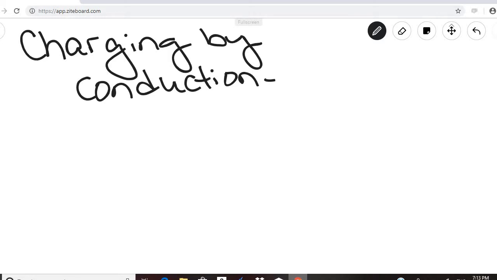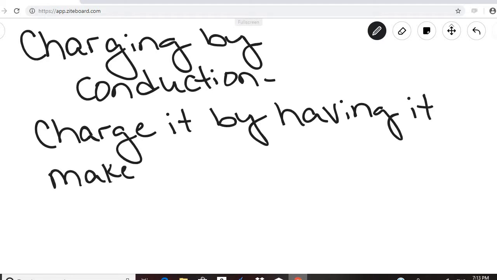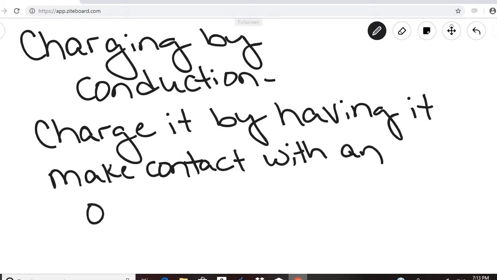But when you charge something by conduction, you cause it to take on an electrical charge by having it make contact with an object that has an electrical charge.